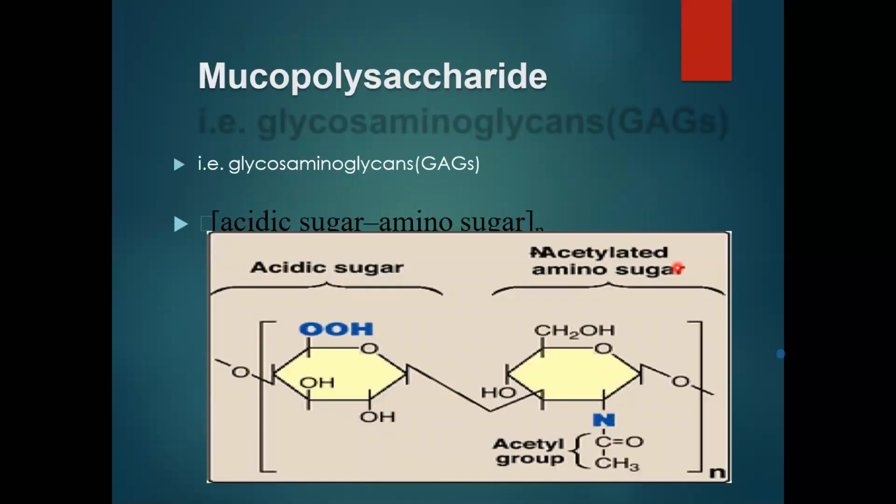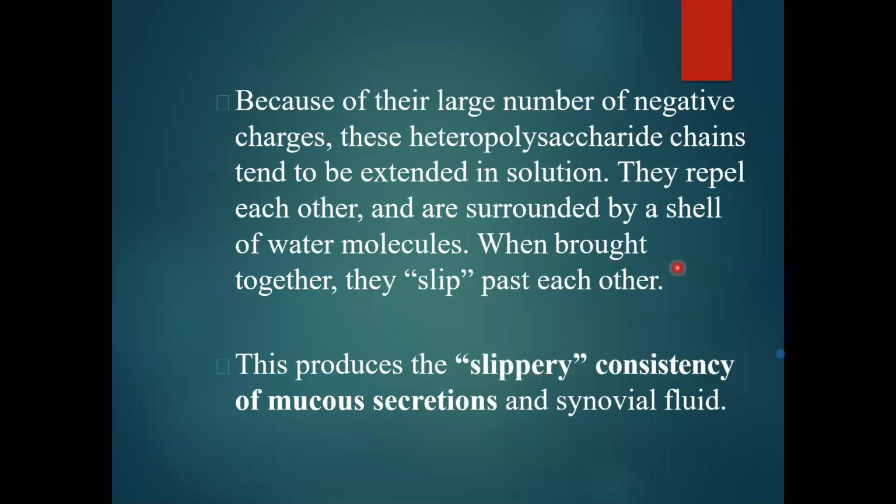Mucopolysaccharide, for example glycosaminoglycan. We have an acidic sugar and an acetylated amino sugar joined together forming a mucopolysaccharide. Glycosaminoglycans are present in all the tissues of our body, in the matrix. Because of their large number of negative charges, these heteropolysaccharide chains tend to be extended in solution.